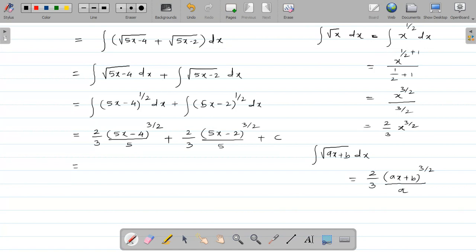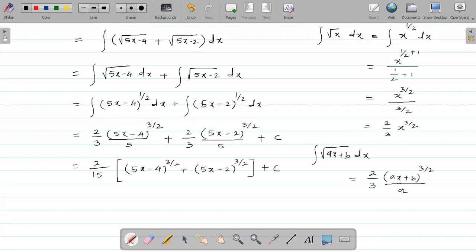Now you can rewrite this by taking the constant out. See here, 2 by 3 into 1 by 5 is common, so it will be 2 upon 15, and in bracket I will write (5x minus 4) raised to 3 by 2 plus (5x minus 2) raised to 3 by 2 plus constant.